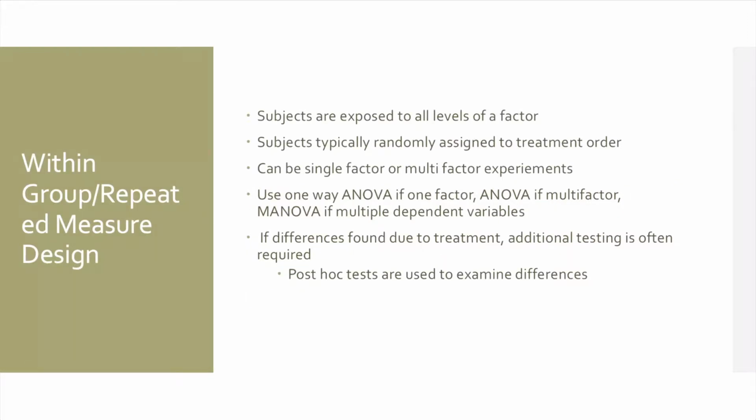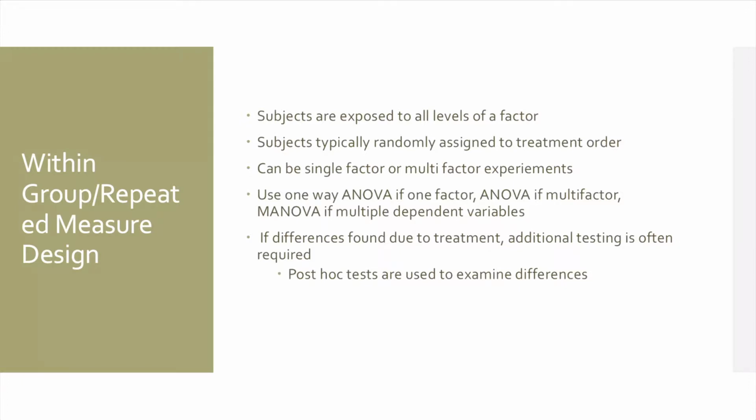In a within group repeated measures design, the subjects are going to be exposed to all the levels of a factor. So if I have one factor with 3 levels, 3 different treatment types, the subjects are going to do each of the treatments and then have a measurement taken.